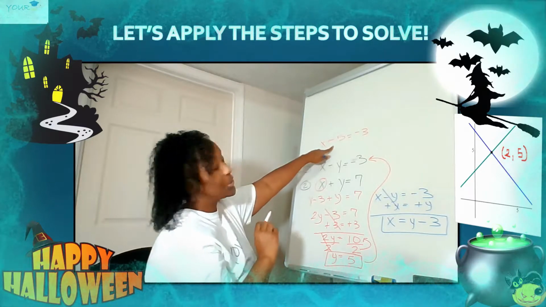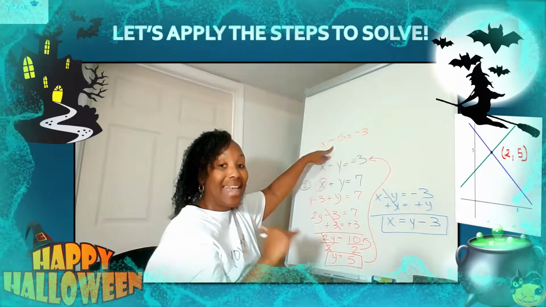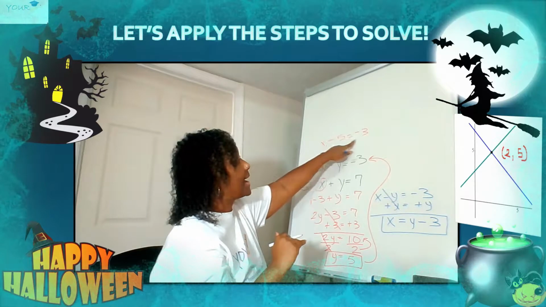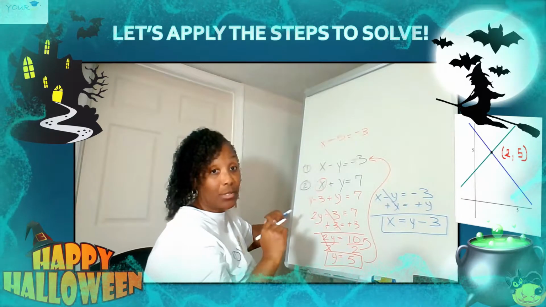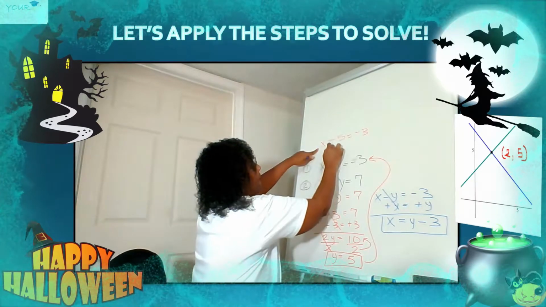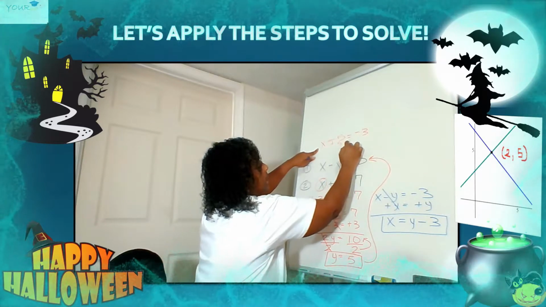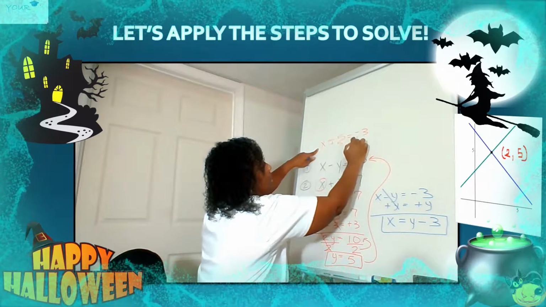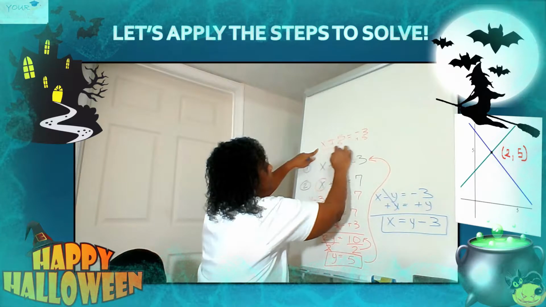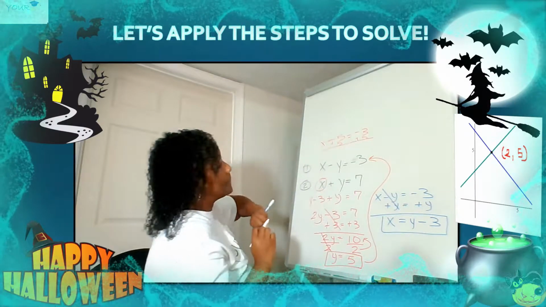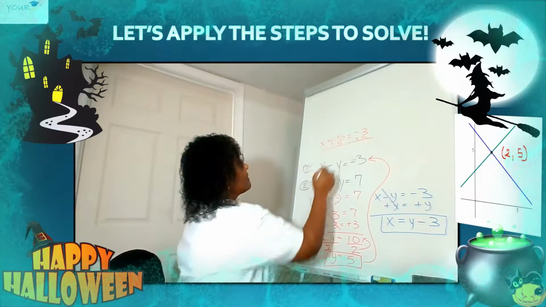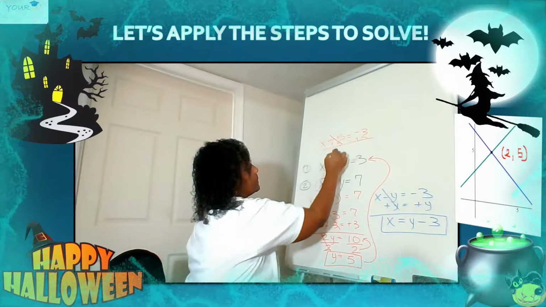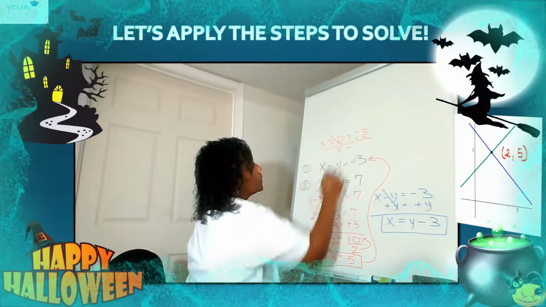I know in order to isolate my x, I need to get rid of this 5 here. The only way that I can do that is by adding 5 on both sides. And what I do on one side, I must also do on the other side. That's going to allow me now to get rid of my 5's here, leaving me with x equals.